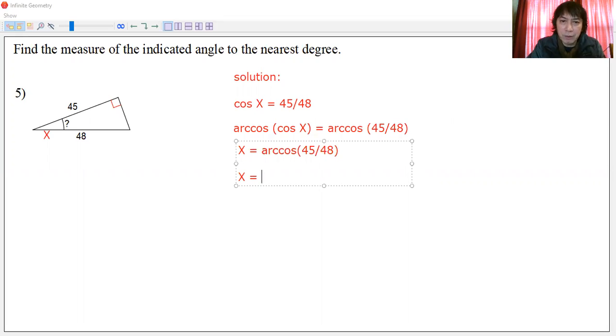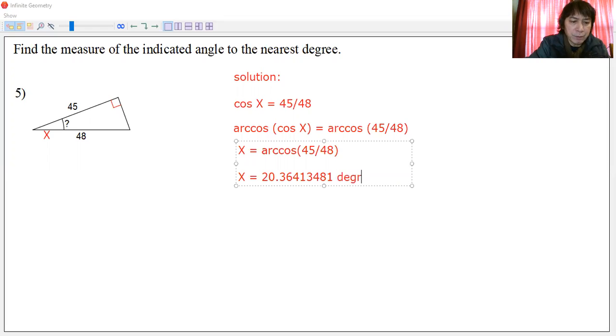The computed value for arc cosine 45 over 48, we have 20.36413481.